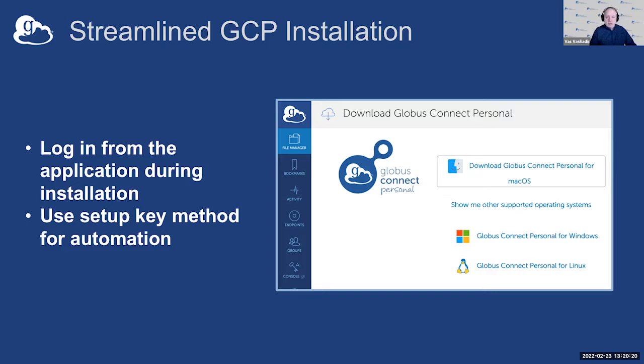However, if you did want to automate that setup, from an admin standpoint, you can still use the old key-based approach, where you get a key and use that during installation to register the Globus Connect Personal with the Globus service. So that's it on connectors.